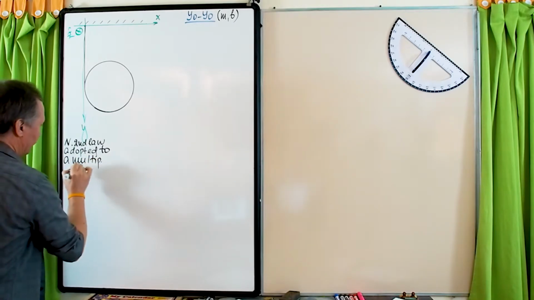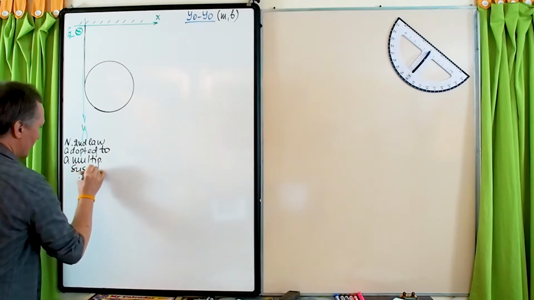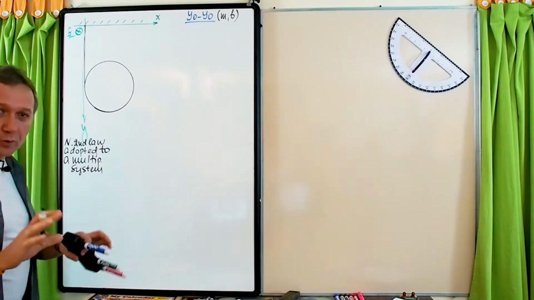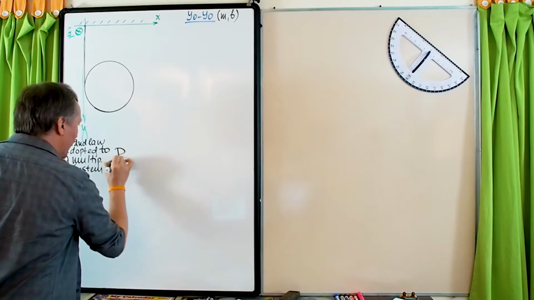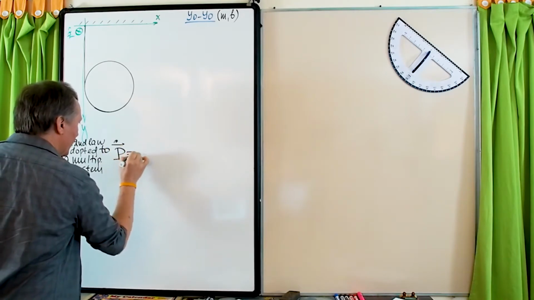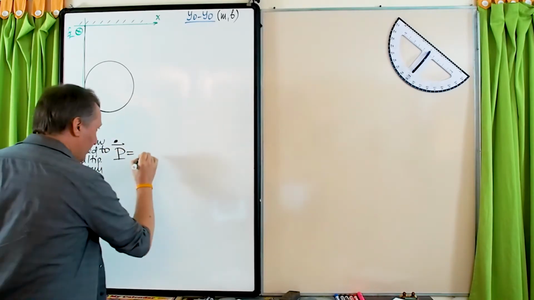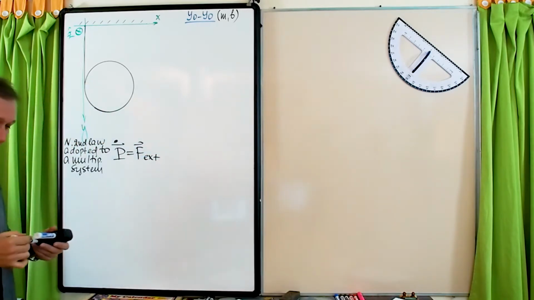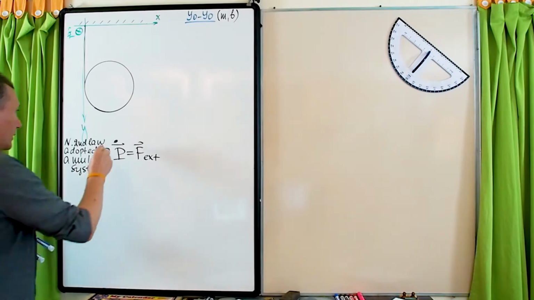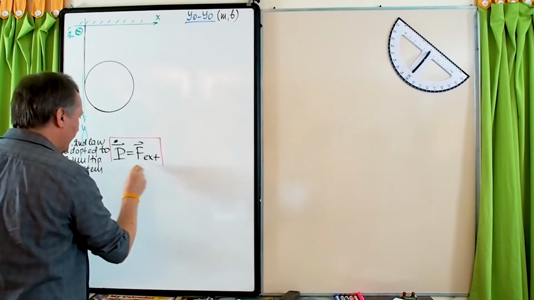When we've done it, all the internal forces disappeared, and we ended up with the rate of change of the total linear momentum equals the net external force acting on the system. So that was our first step.